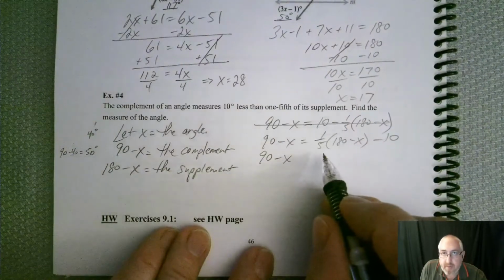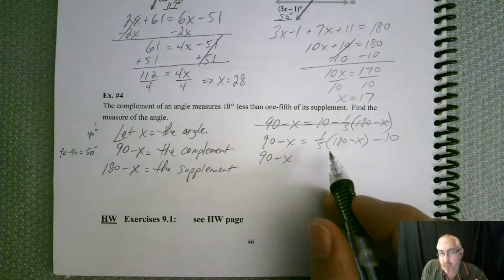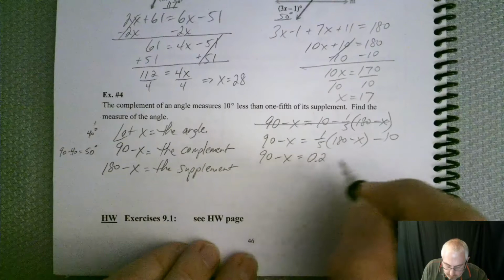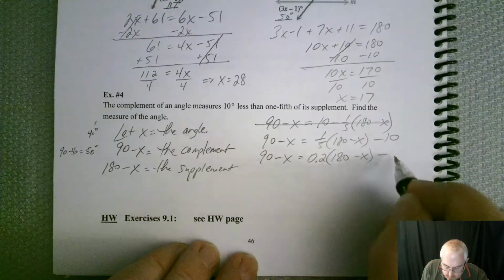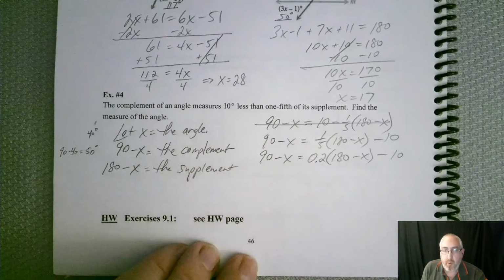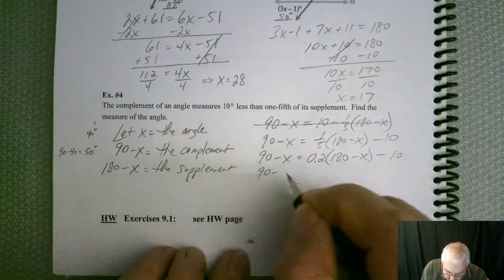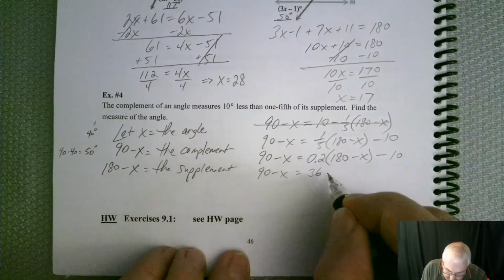Now, if you have a fraction that's a terminating decimal, I would say do that. So 1/5, we hopefully know that that's equal to 0.2. If you change it to a 0.2, it's going to make life a little easier for you. So let's work it through with that. So 0.2 times 180 is 36.